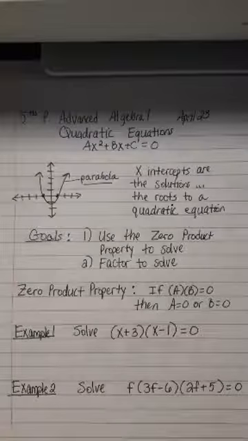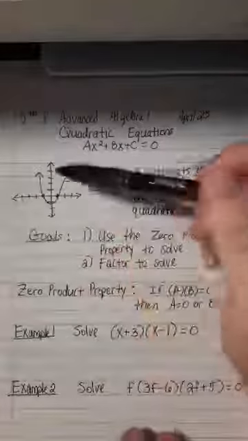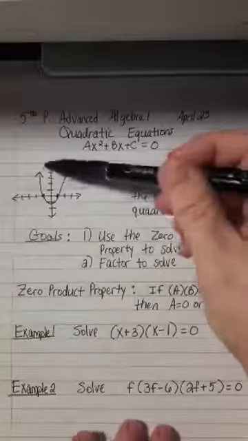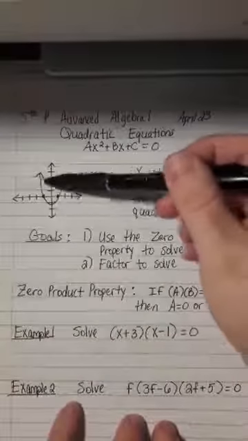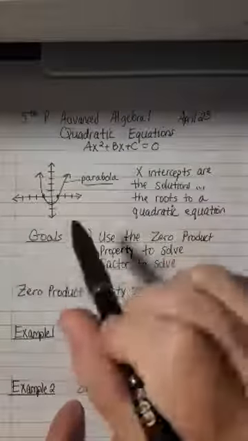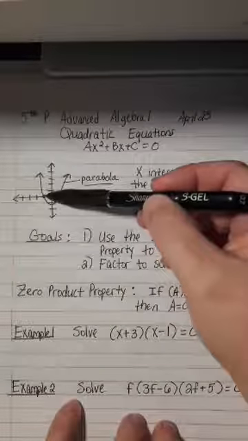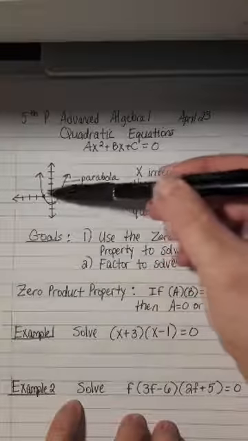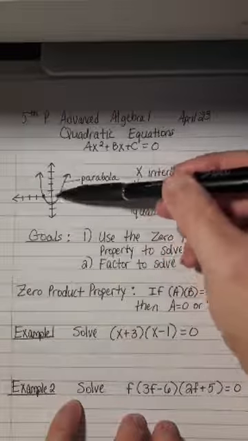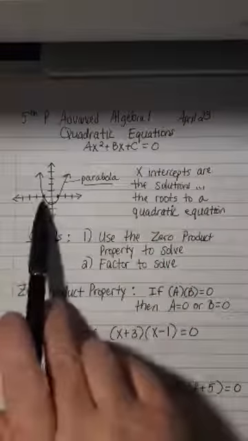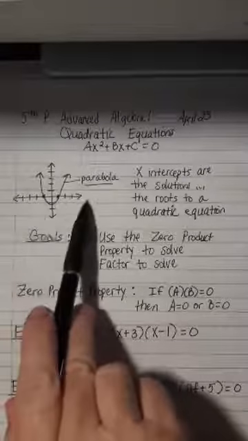We are going to learn how to graph these, and we're going to have to find some key points. Most of the time you have 2 x-intercepts, though sometimes there's just one, and sometimes none. The x-intercept is where the parabola crosses the x-axis.